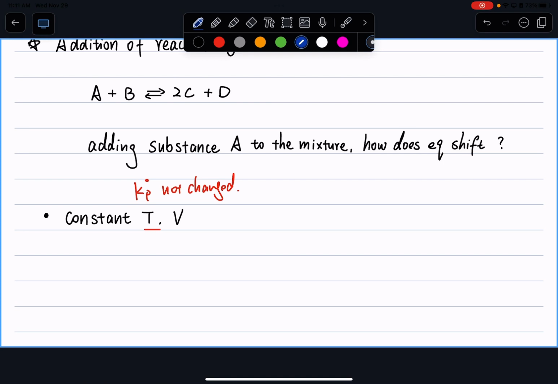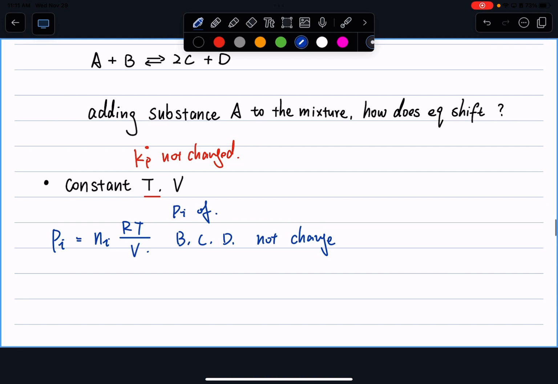If we calculate our partial pressure, Pi equals, again, Ni times RT over V. So your partial pressures for B, C, and D will not change, because we're not adding any of these ingredients to my mixture.